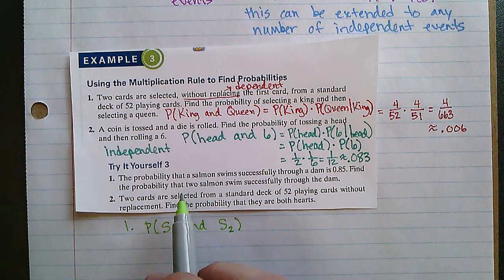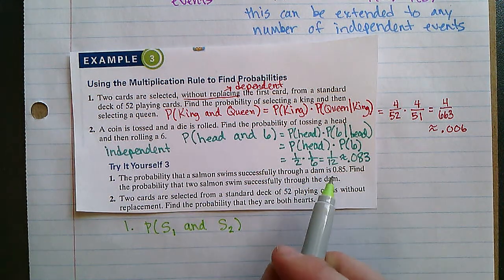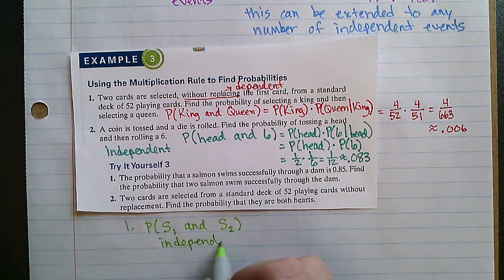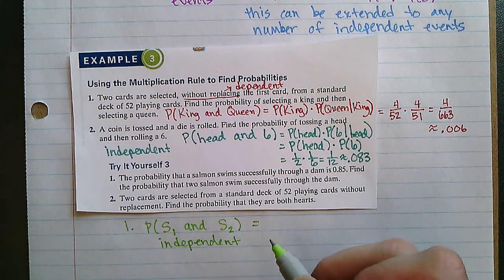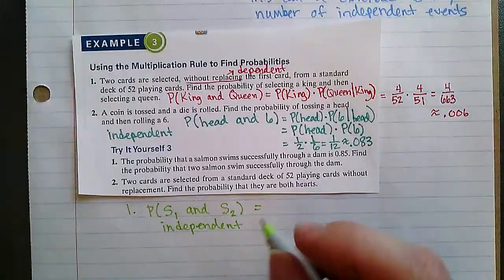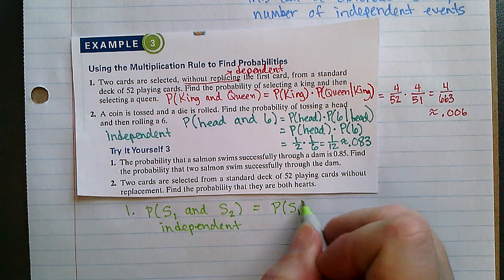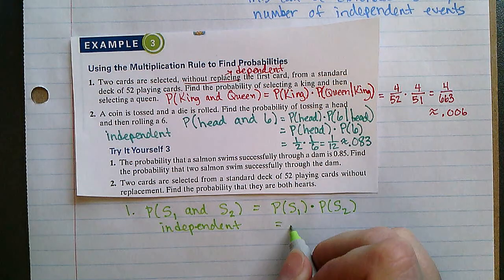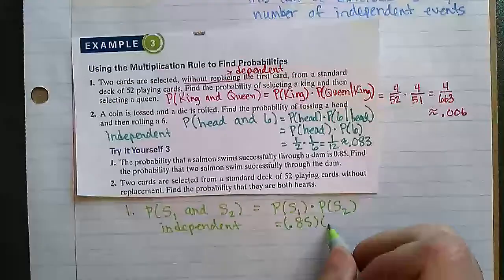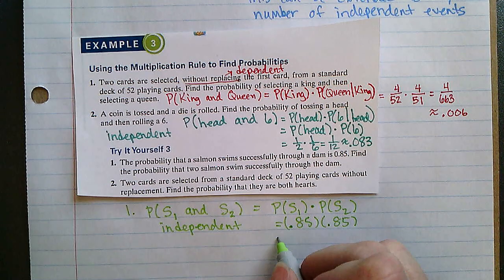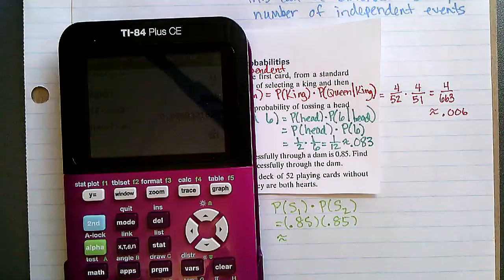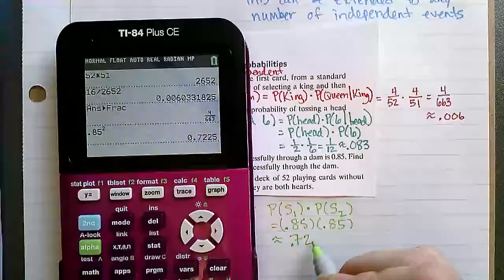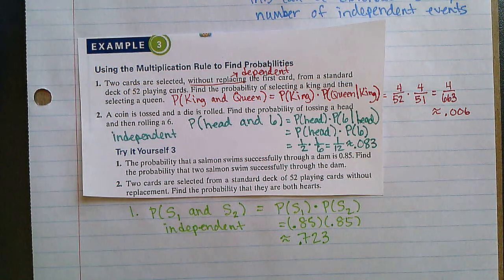So these 2 events are going to be independent, because whether or not the first salmon makes it doesn't have any effect on the second one. So this will be the probability that salmon 1 is successful times the probability that salmon 2 is successful. So that would be 0.85 times 0.85, which is approximately 0.723 using our rounding rule.